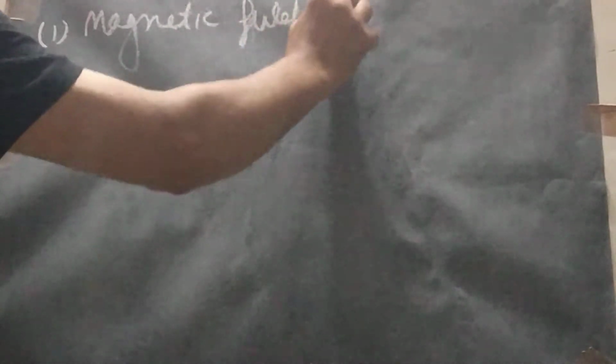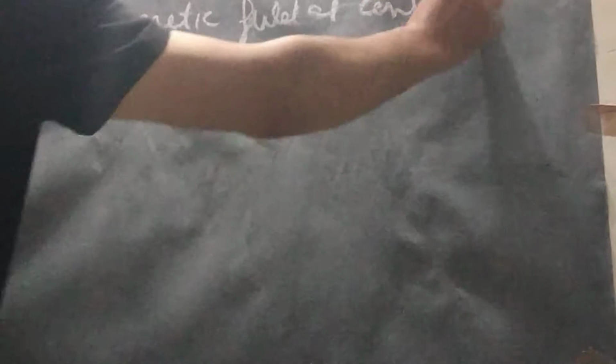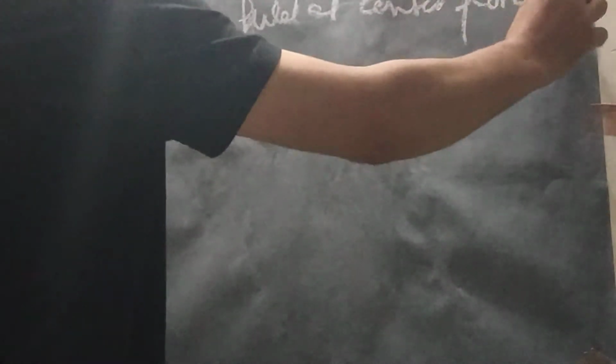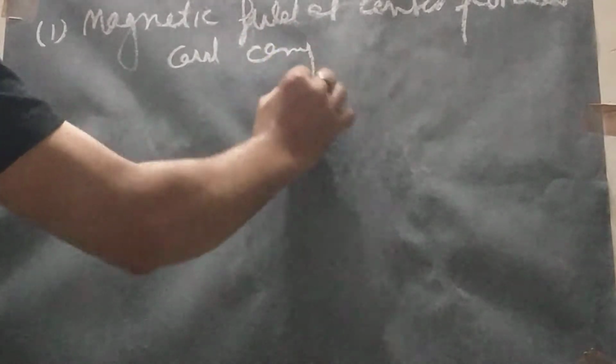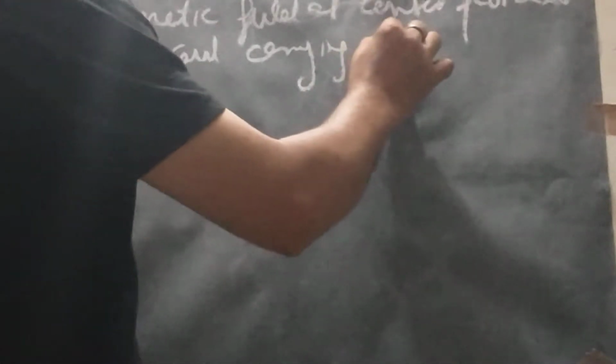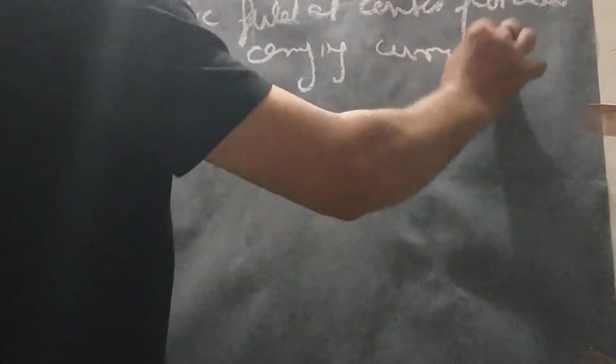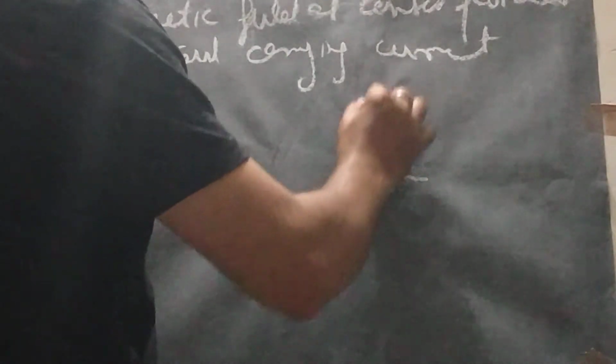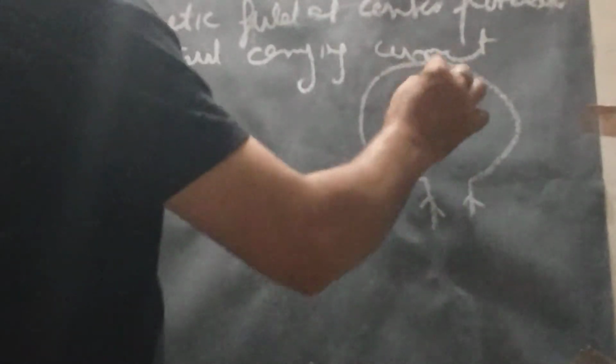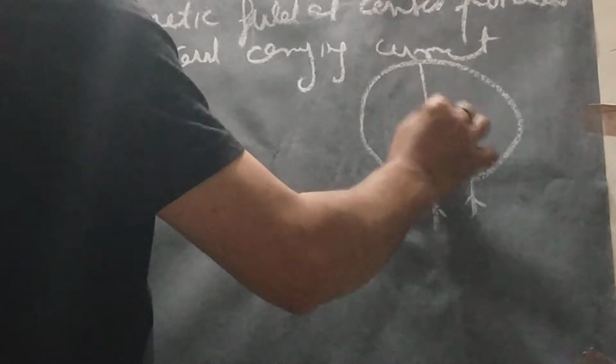Magnetic field at the center of a circular coil carrying current. There is a circular coil in which current is flowing. Like this, here is a circular coil having radius a or r. So here the radius of this coil is a.